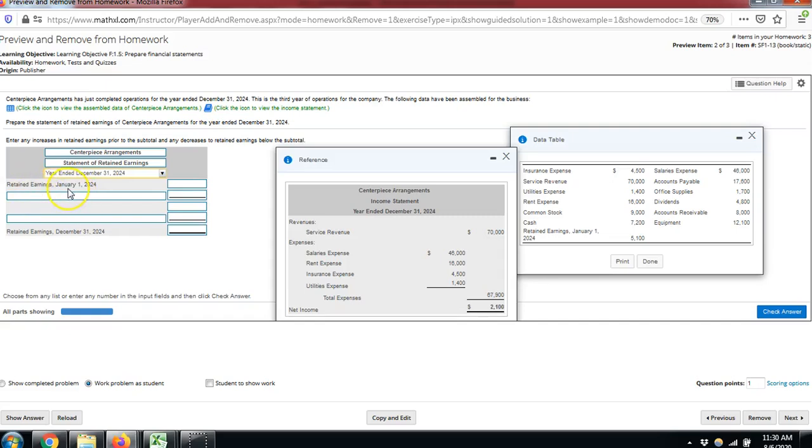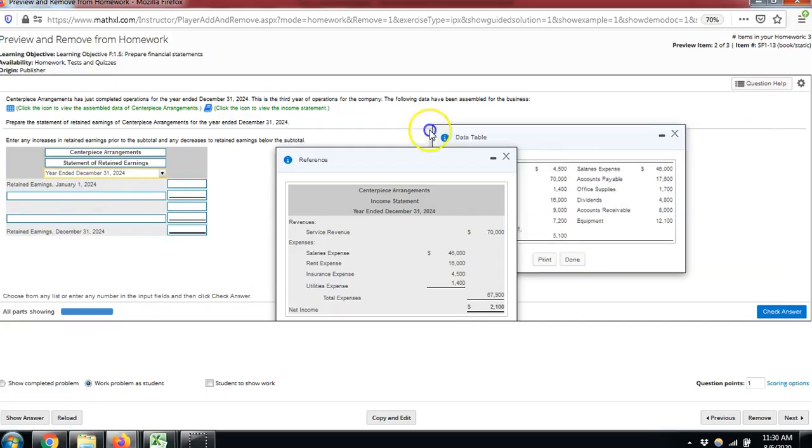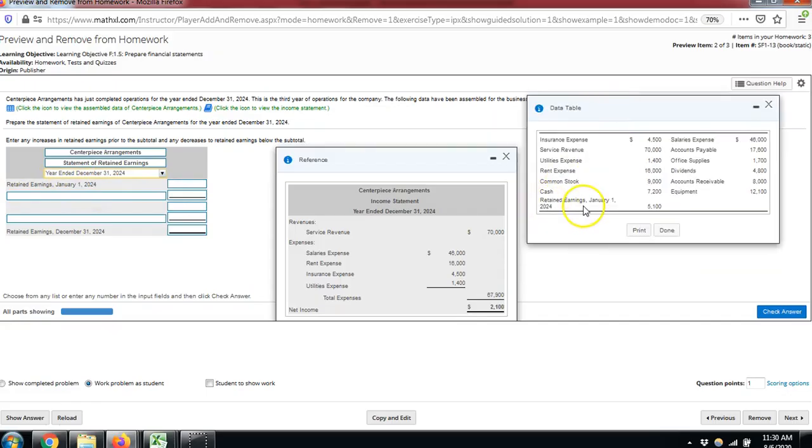For the retained earnings beginning balance, we look here and see that our retained earnings balance at the beginning of the year was 5,100. What this statement is going to show is we take our beginning balance, add net income, which is what we earned over the course of the year, and get a subtotal.